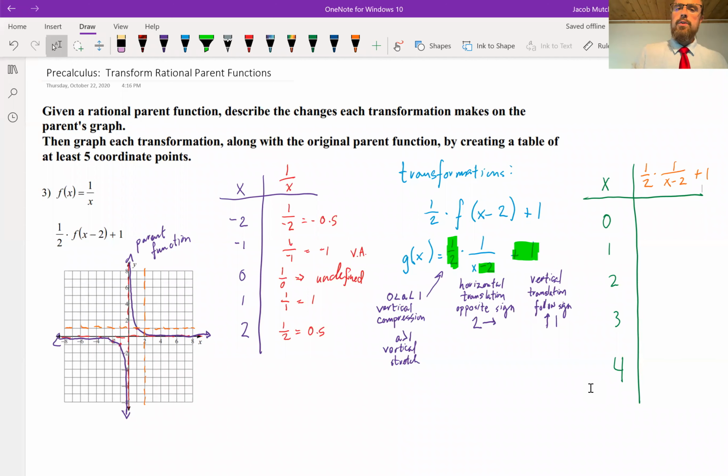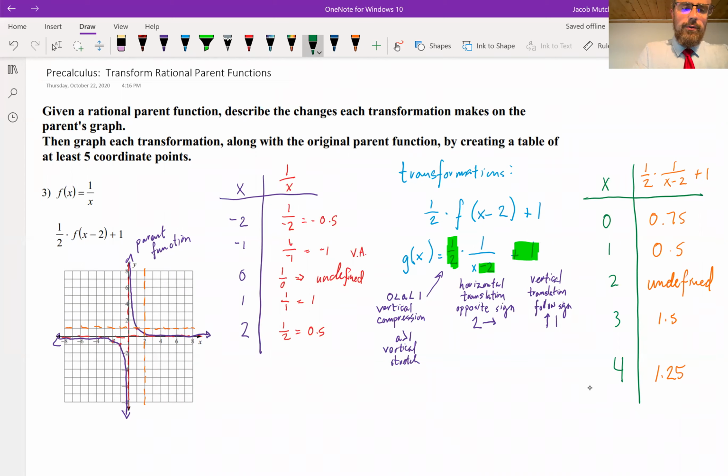And those values that we just copied in, we're going to repeat here. 0.75, half, undefined, and that's the vertical asymptote, 1.5, and 1.25. So let's graph the transformation. And again, we're looking to see, did our predictions describe how the changes in the equation change the graph?